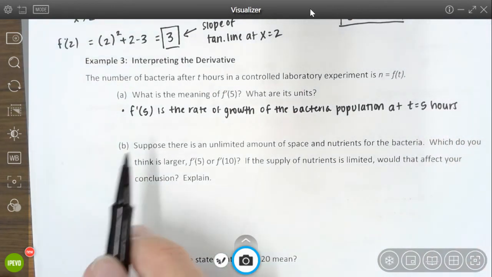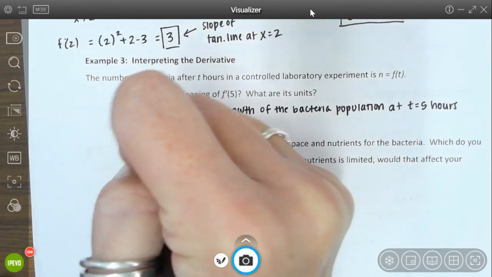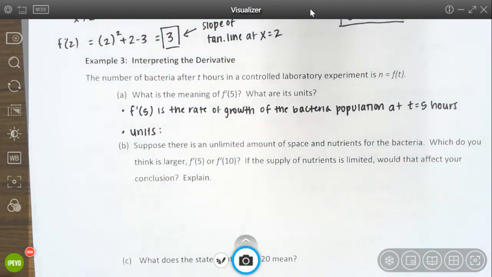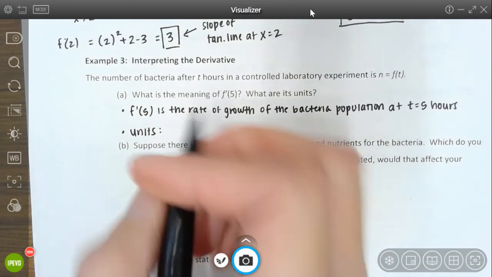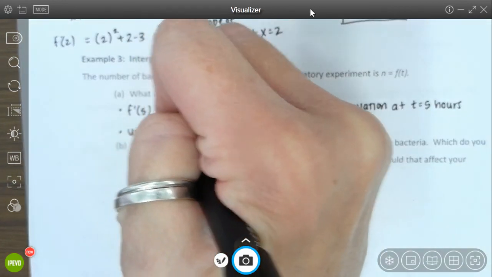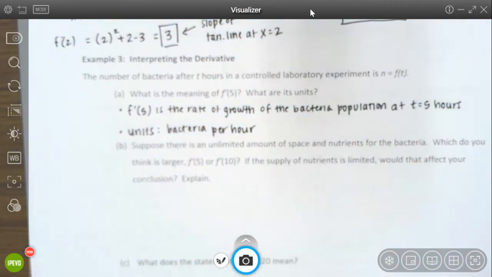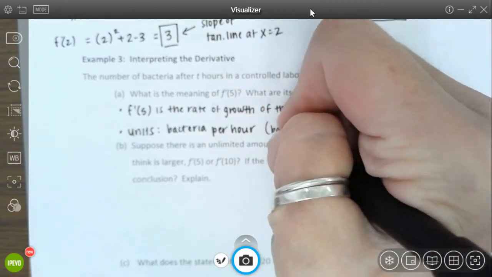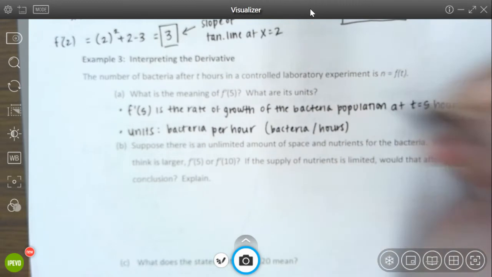And if we're talking about a rate, then our units would be bacteria per hour. So if we're talking about a rate of growth, that would be bacteria per hour. If you want to write it out in words, that's what it would look like. If you want to write it out as bacteria with the slash hours, that's fine too.